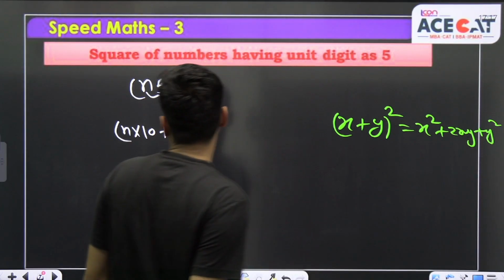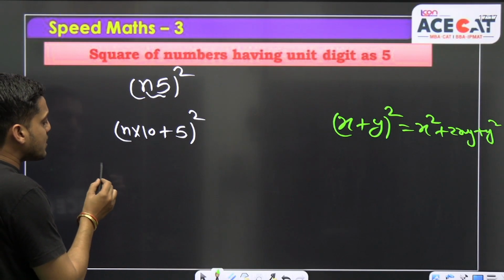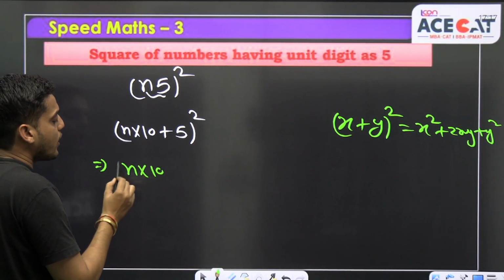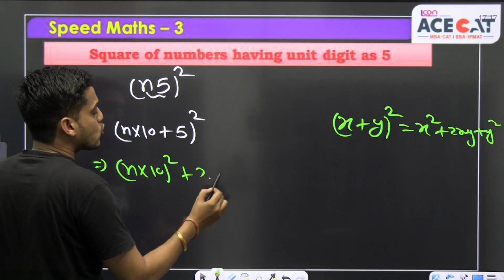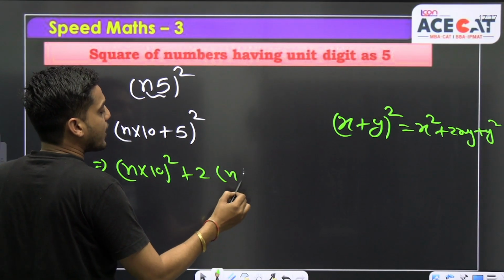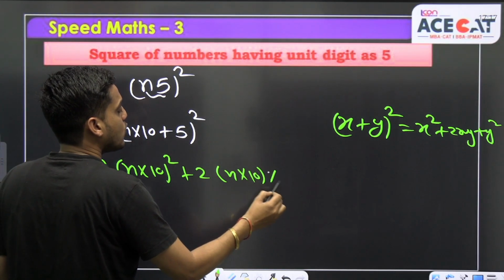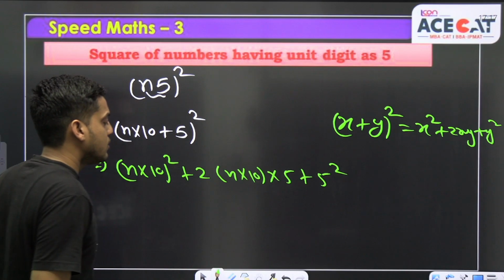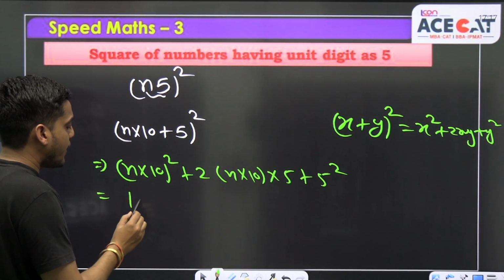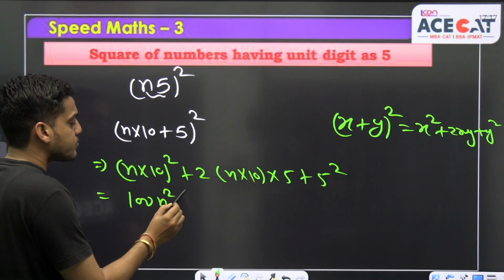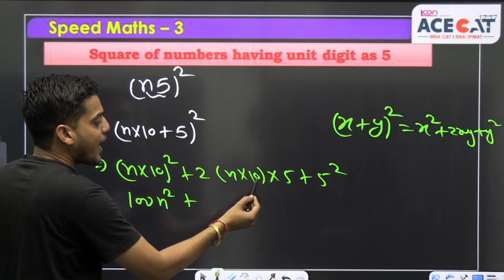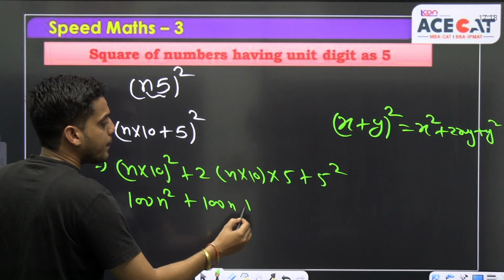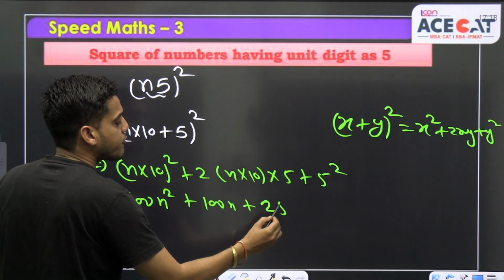Now, you will say: n into 10 whole square plus 2 into n into 10 into 5 plus 5 square. So you will say, sir, it will be 100n square plus 2 into 10 into 5, which is 100n, plus 5 square, which means 25.